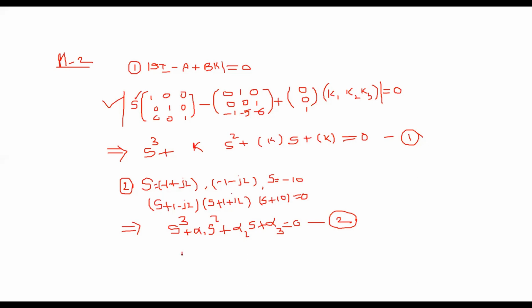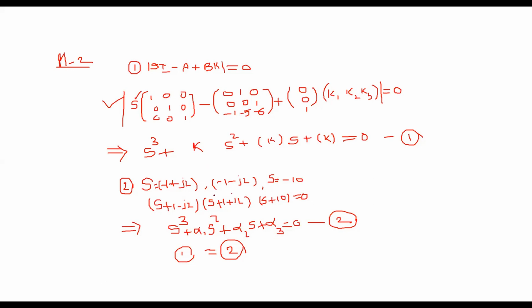Now, equating equation 1 with respect to 2, that is, equating the powers. That means coefficients of S cubed, coefficients of S square, coefficients of S, and the last constant.